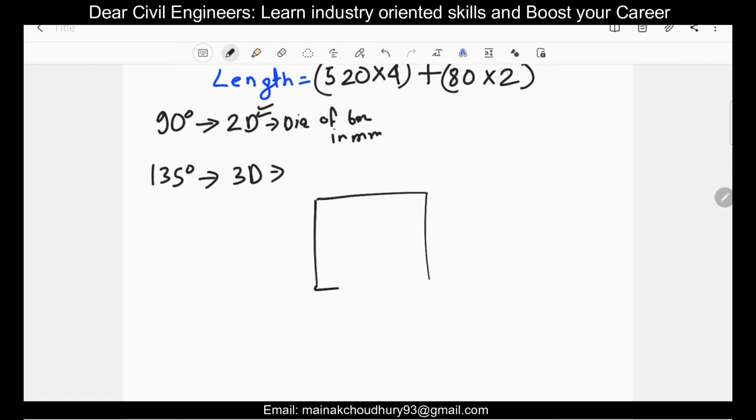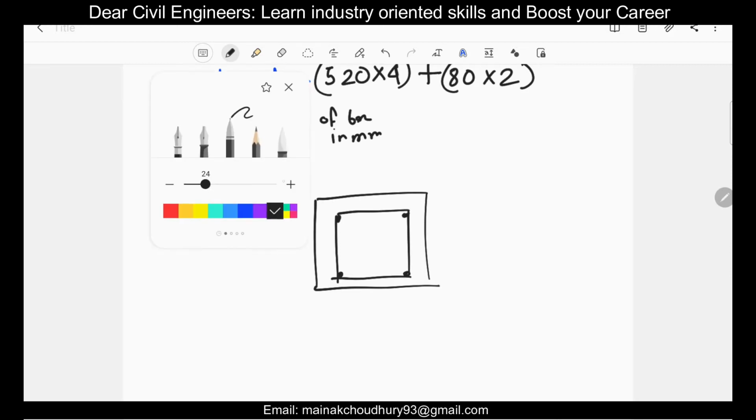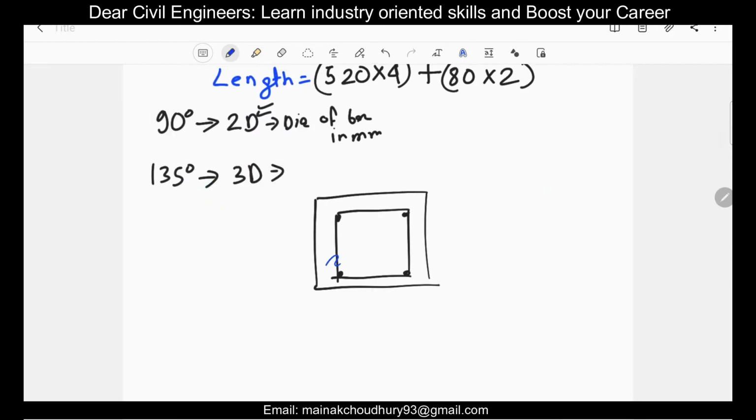You have to know how many 90-degree bends and how many 135-degree bends there are. These are the 4 rebars here, and these bends which I am writing in blue, 1, 2 and 3, these 3 bends, this blue represents the 90-degree bend.